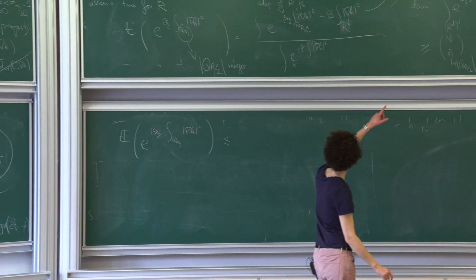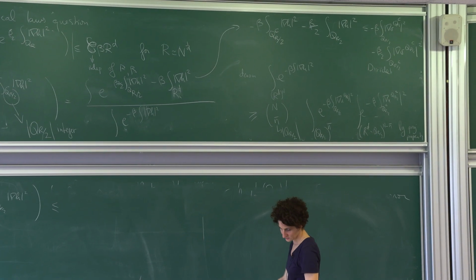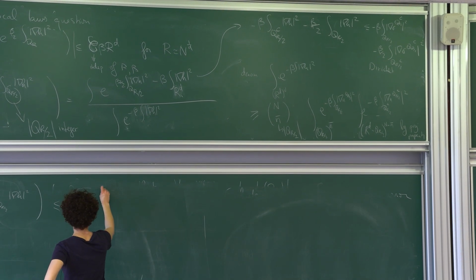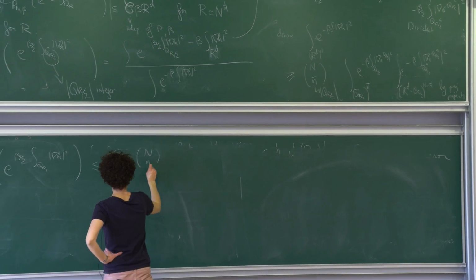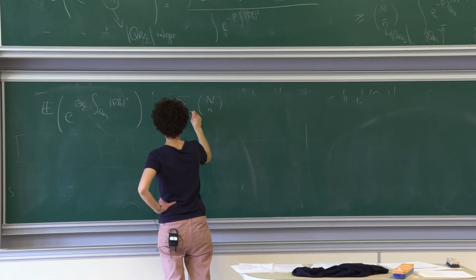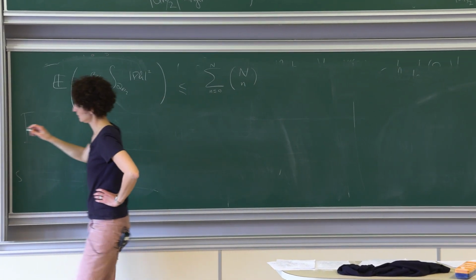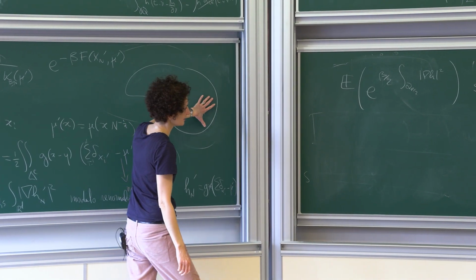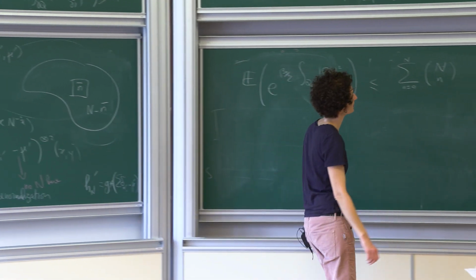I'm going to have in the numerator to sum, depending on the number of points that fall inside my cube here, which will be called little n, the number which fall outside.